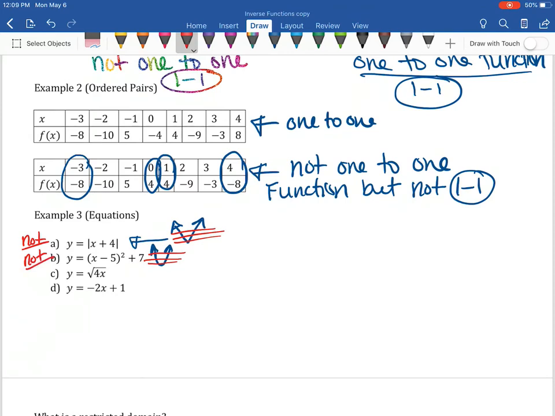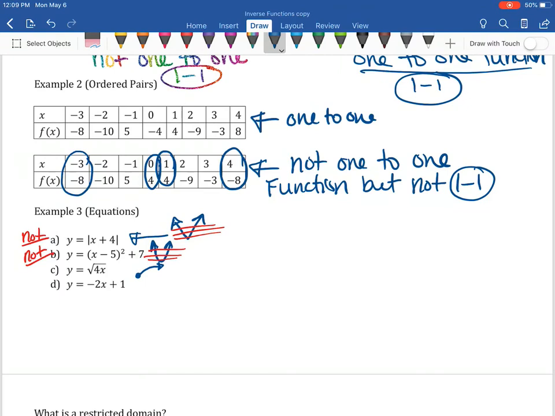When I look at part C, I know that the graph of the square root of 4x has this basic shape. It looks like an arch. It starts at 0, 0, and it has an arch. Now, if I do a horizontal line test on this, it's going to pass. So this would definitely be a one-to-one function.